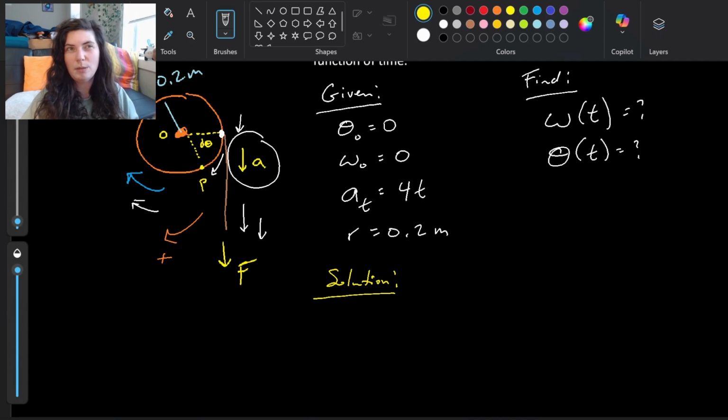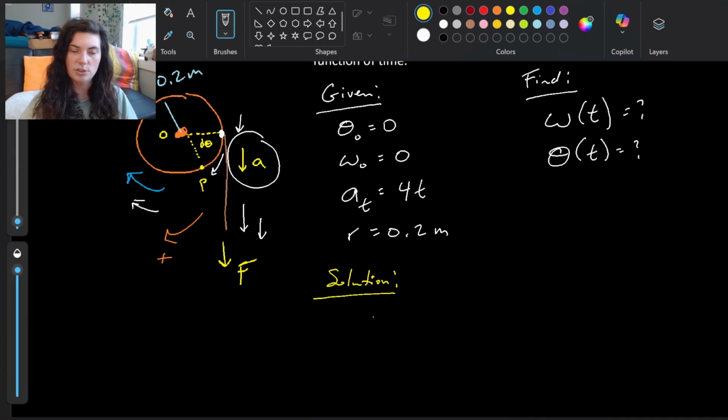But to get there, we're probably going to need our angular acceleration, right? We're given an acceleration. We know we have a relationship between our angular acceleration and our regular acceleration. So if we move into the angular space first, and then start working to velocity and displacement from there, that's probably going to be our best bet.